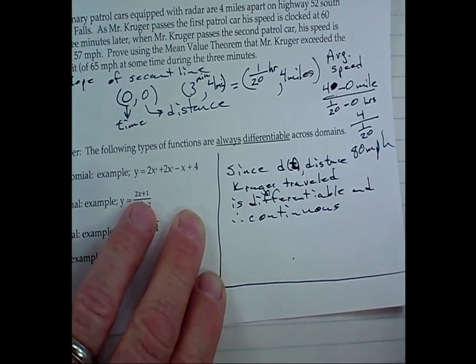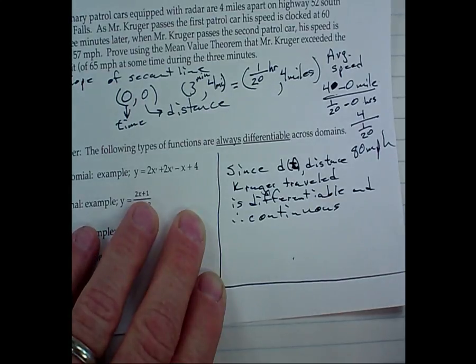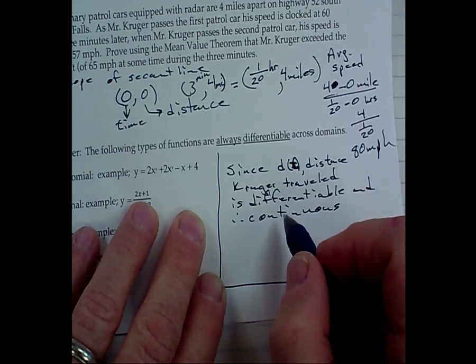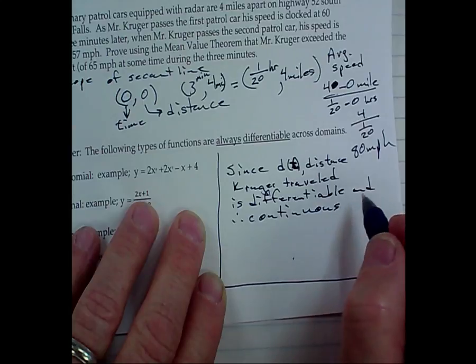I'll say it again. If it's differentiable, you are guaranteed, with the housekeeping seal of approval, that it's continuous. You cannot draw a differentiable curve without it being continuous. It's impossible.